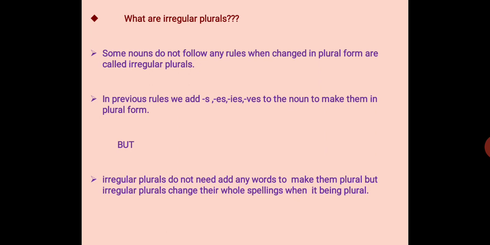So, I hope you understand that in irregular plurals we do not add s, es, ies and ves to the word, but we have to change their spelling when we are going to make them in a plural form.